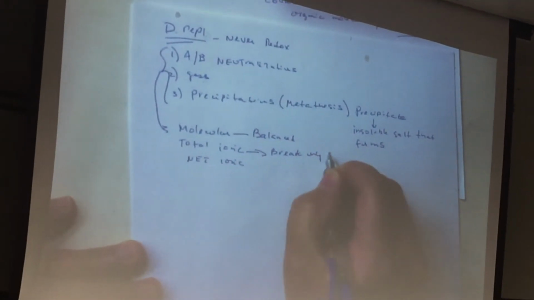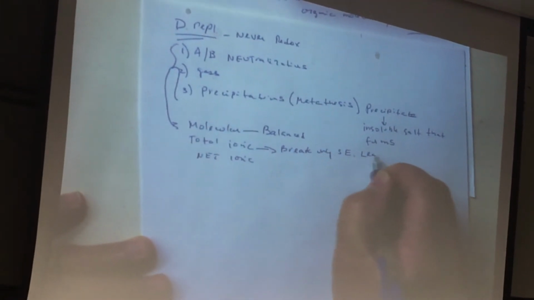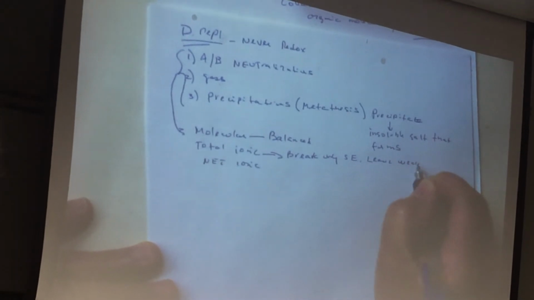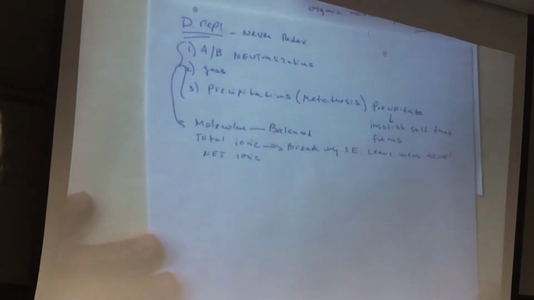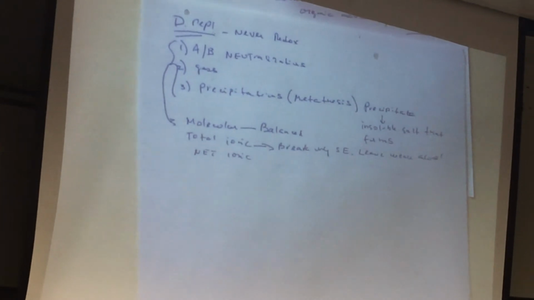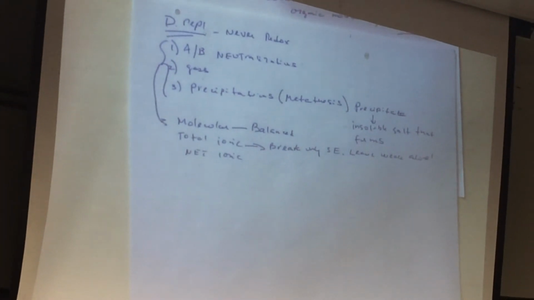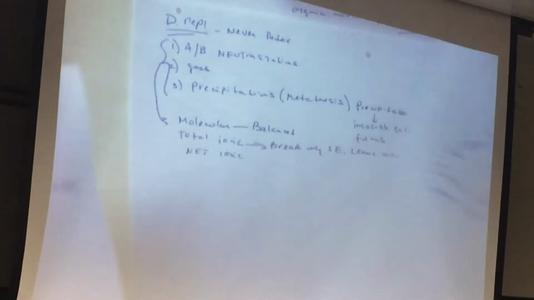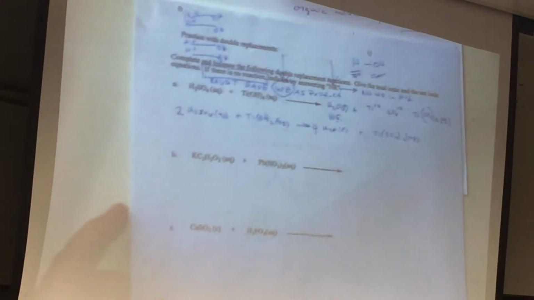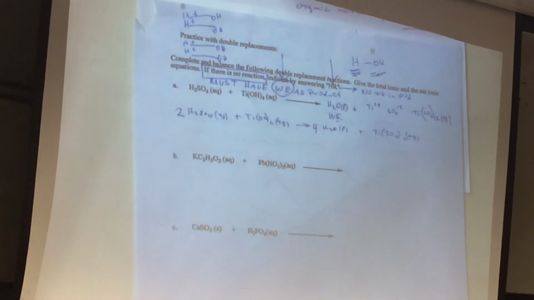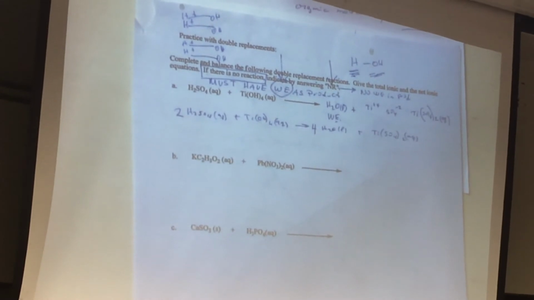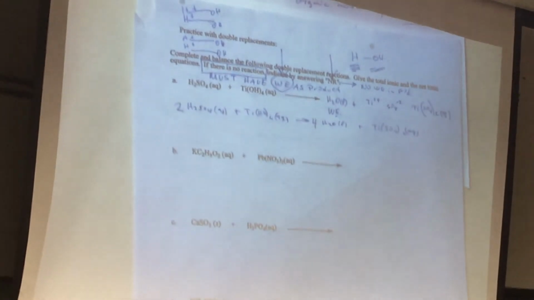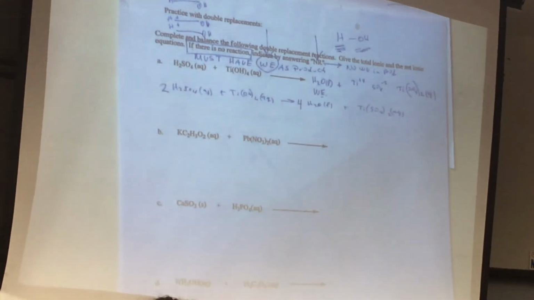Break only the strong electrolytes. Leave the weak alone. Of course you would only break the strong electrolytes, because that's what it means to be a strong electrolyte: they ionize 100% in solution. That's the definition of a strong electrolyte.